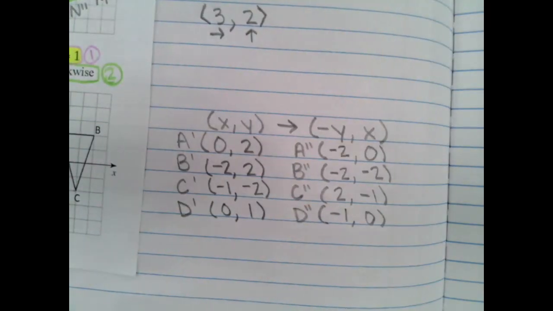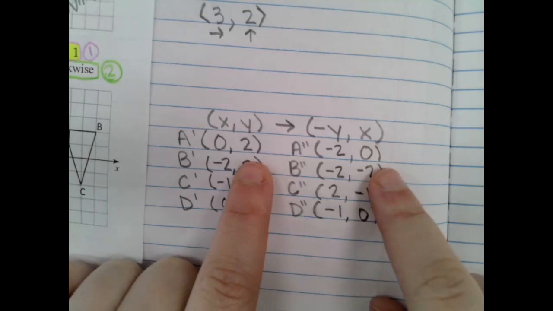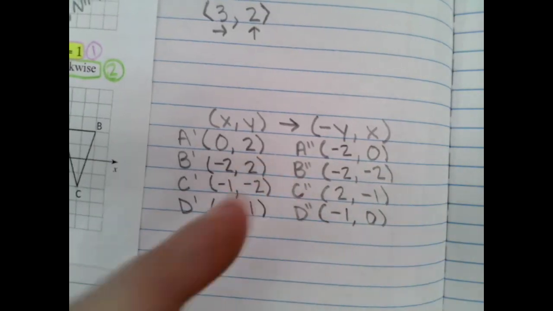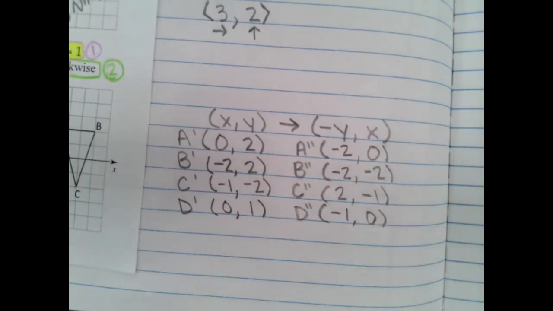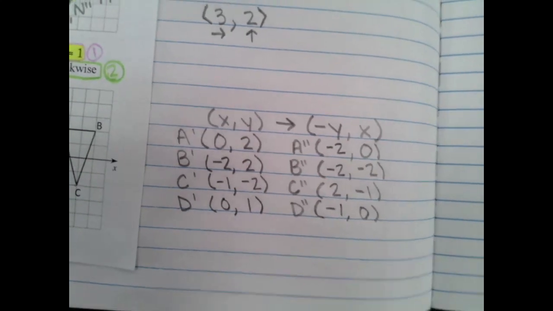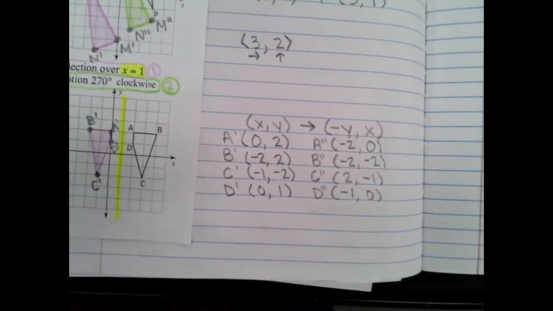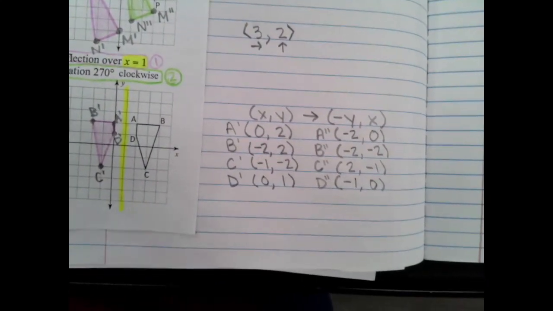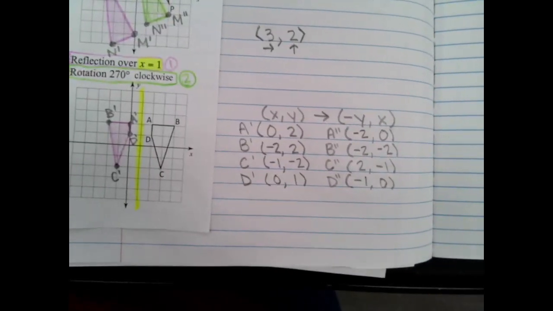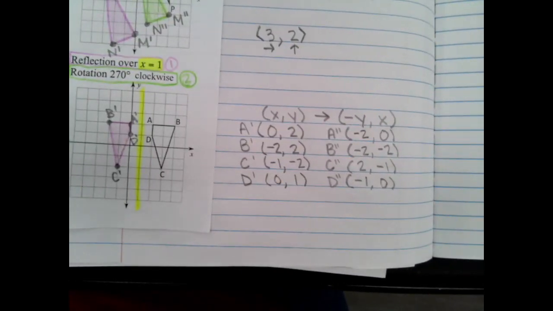If that's not the way that you do it, some people are really good at looking and they do it each one individually, and that's fine. Once we have those points, we just plot those points, and then we'll be done. So go ahead and plot those points if you want to work ahead. If you're really confused where those points go, pay attention, we'll do it together. It's going to look a little silly because there's going to be some overlap here.